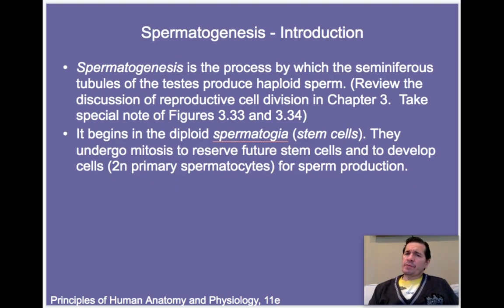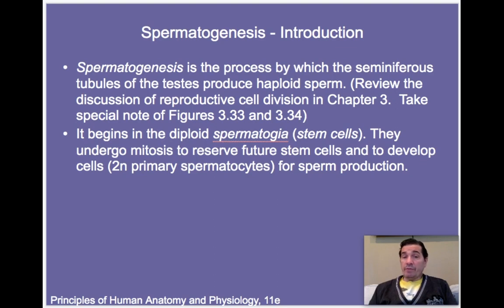So spermatogenesis is basically the process where we go through the production of sperm cells. Now, if you recall, a lot of times when we have production of cells, we have to look at stem cells. The stem cells for sperm are known as spermatogonia, and normally they will undergo normal mitosis, but some of them will undergo meiosis.